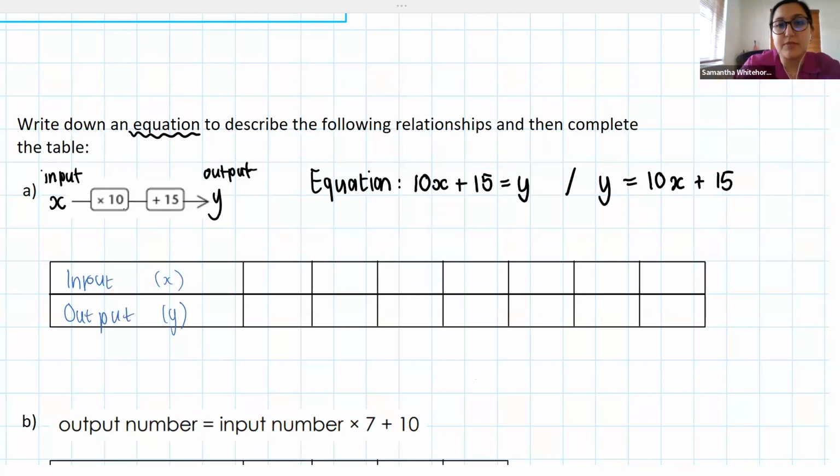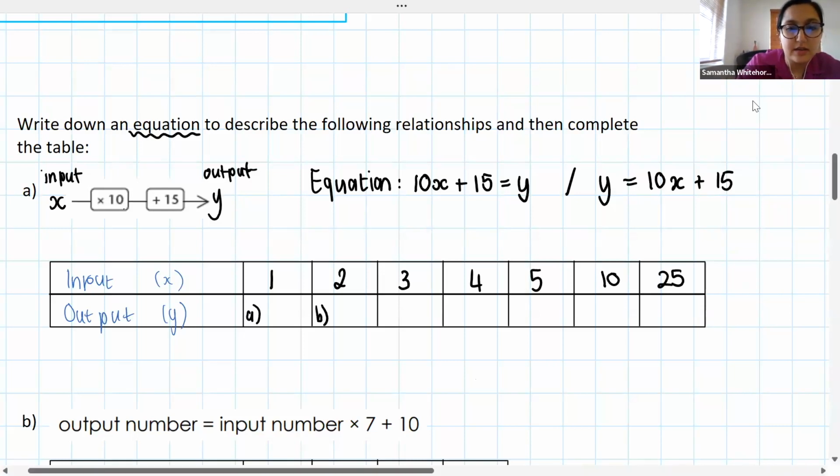So I'm going to give you some values here that I want you to use as your inputs. Right, and what I want you guys to do is give me the output values for these inputs.